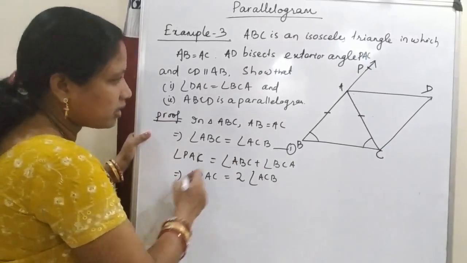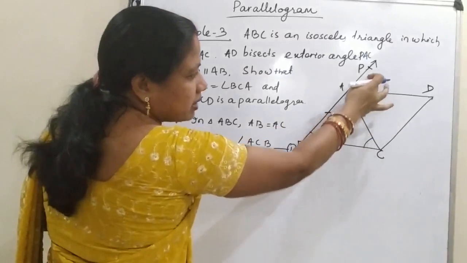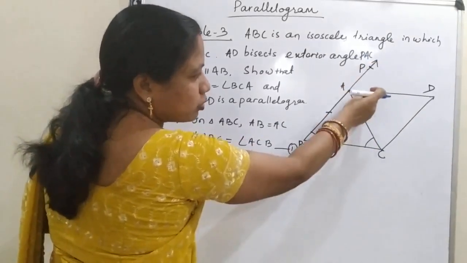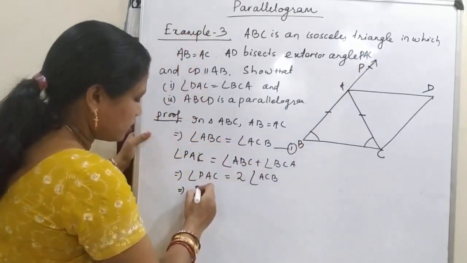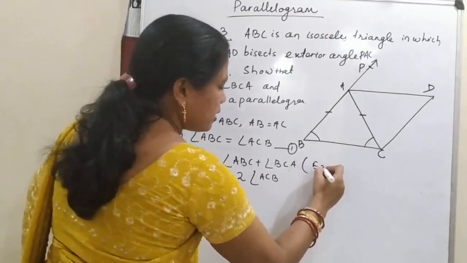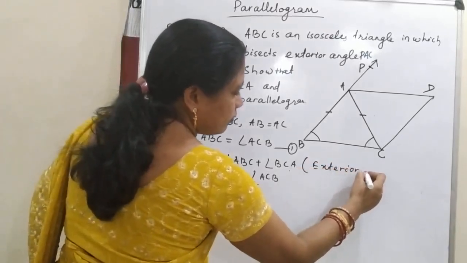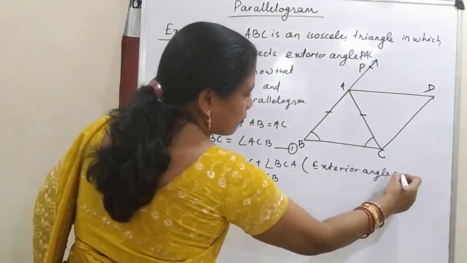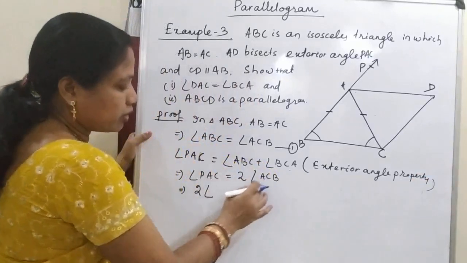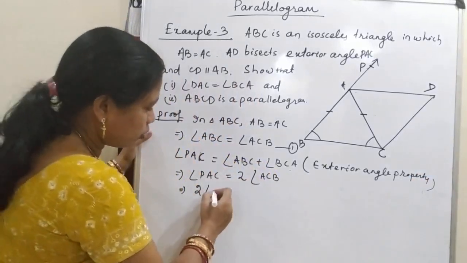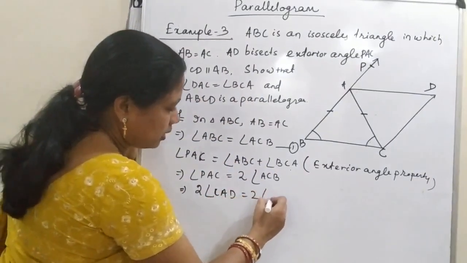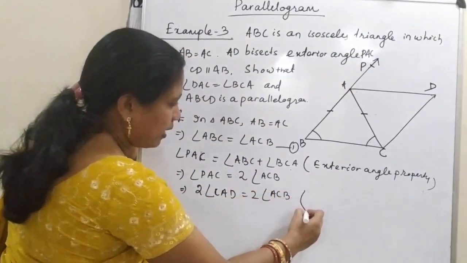But what is PAC? AD is the angle bisector of PAC. So angle PAC is equal to twice angle CAD. So here you can write the exterior angle property. Angle PAC is equal to 2 angle ACB. Again, 2 angle CAD is equal to twice angle ACB.